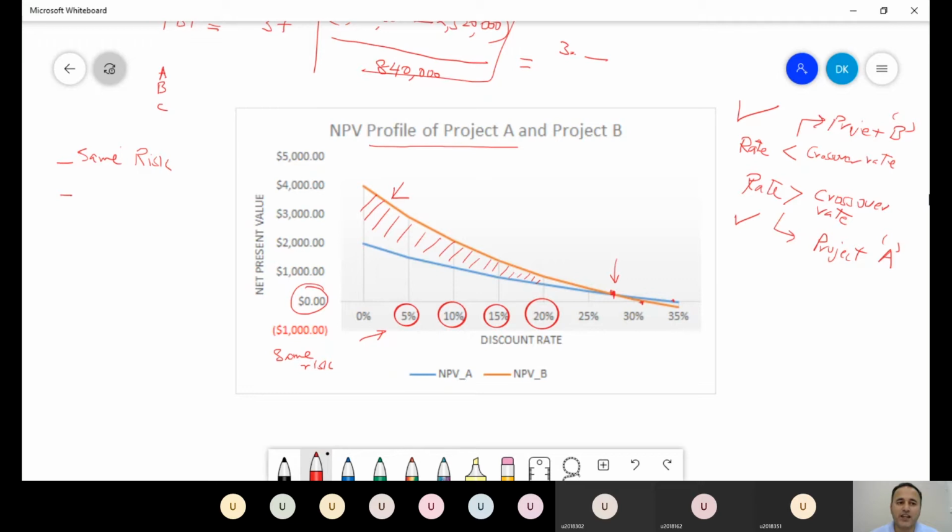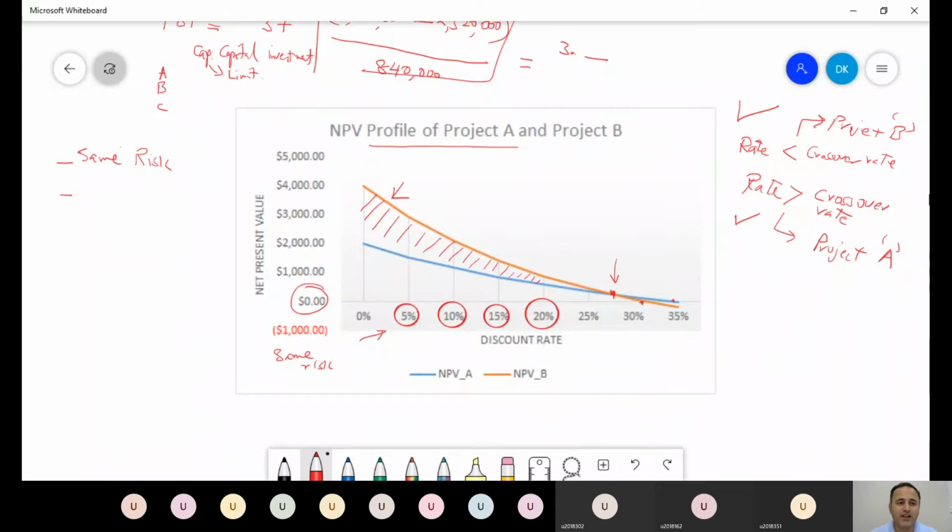let's say the project ranking is A, B, and C. But if you put a restriction that you cannot invest more than a certain amount, you cap your capital investment, that means you're putting a limit, right?